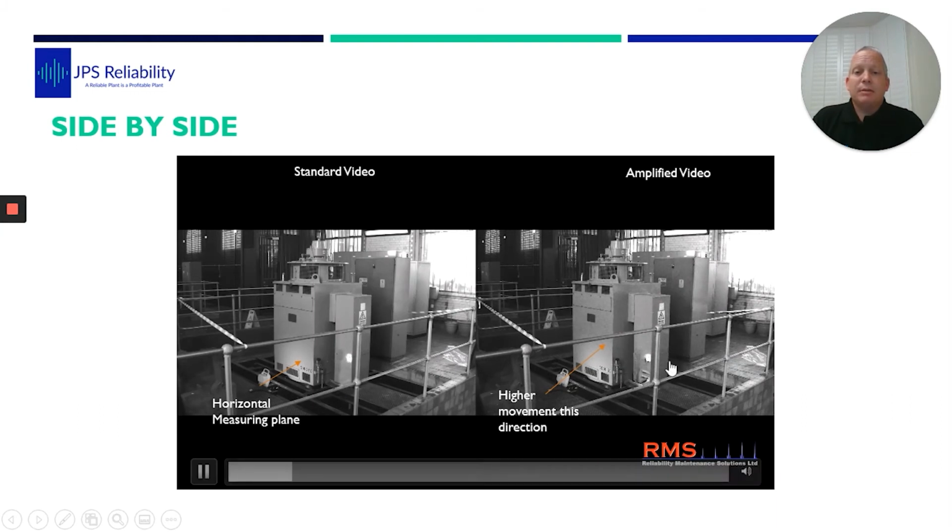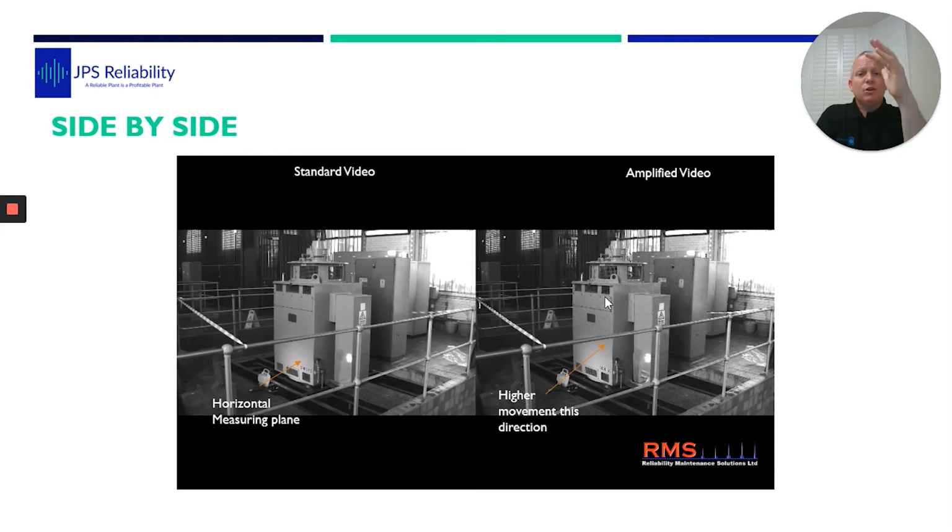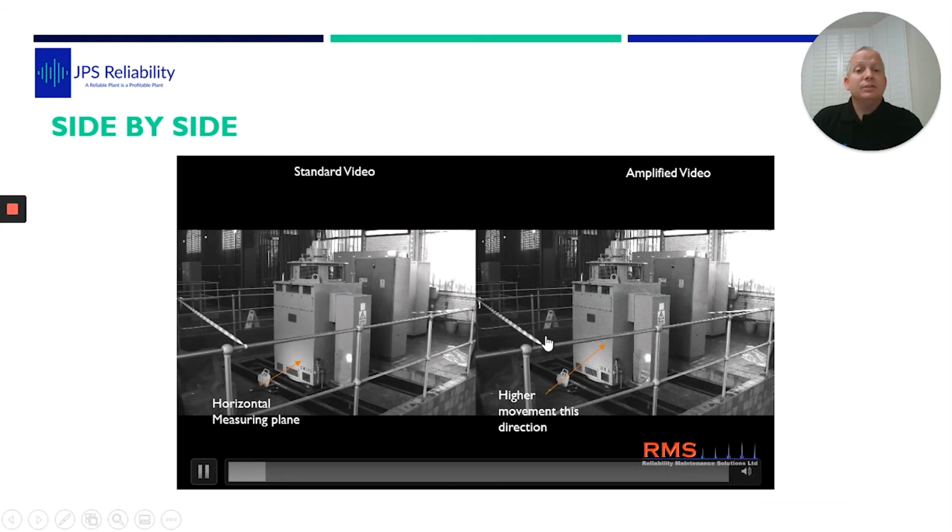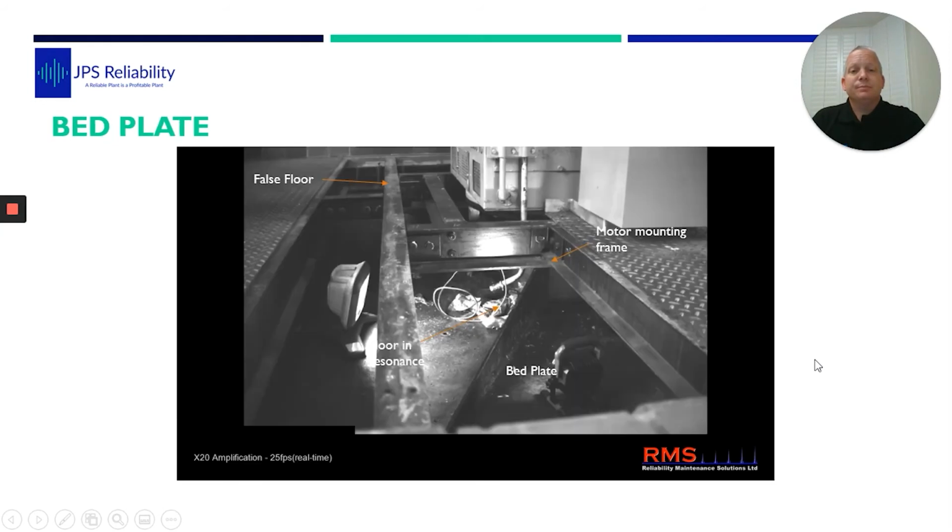So you've got the cable guard flapping, but obviously it's amplified hugely here. But you can see the motor is doing this. It's like trying to oscillate and it's juddering a bit. This is exactly what we were seeing in the VA. And what convinced us about motion amplification being pretty darn good is what Keith measured here was the exact same frequency I was getting with my contact accelerometers.